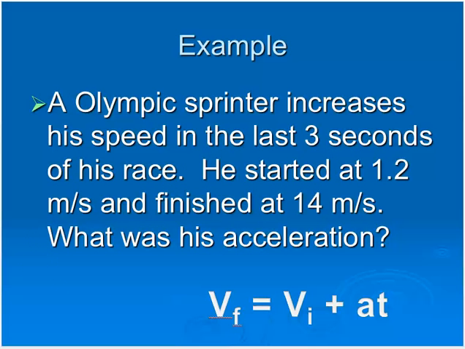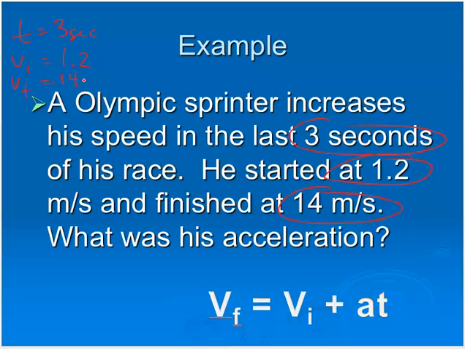Okay, in this problem here then it says an Olympic sprinter increases his speed in the last 3 seconds. So there's my time. 3 seconds, they just gave us the time. Then he started at 1.2 meters per second. So that's the VI. And he finished at 14 meters per second.